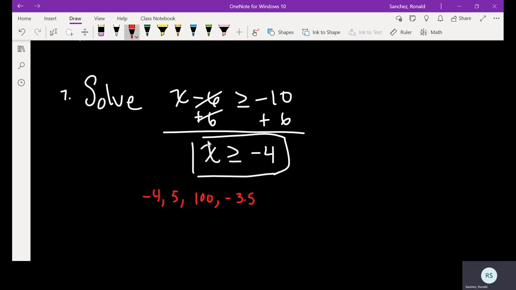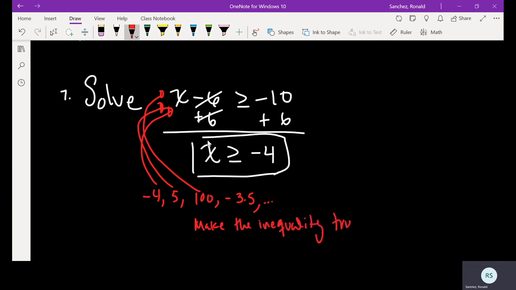So all of these values, and we have infinite values, are solutions to this inequality. If I plug in a negative 4 for x, or a positive 4, or a 100, any value that is greater than or equal to negative 4 is going to make the inequality true.